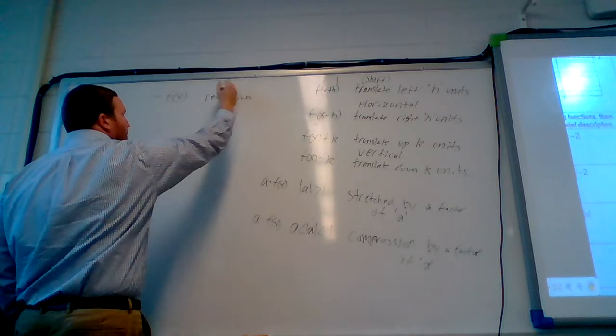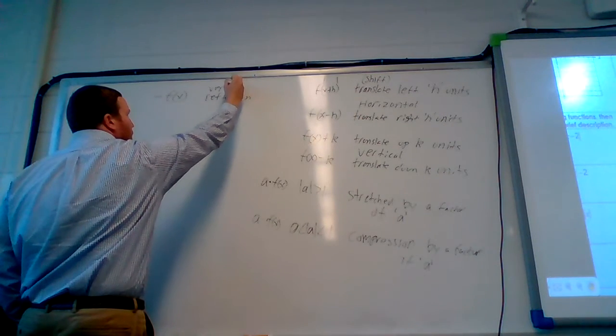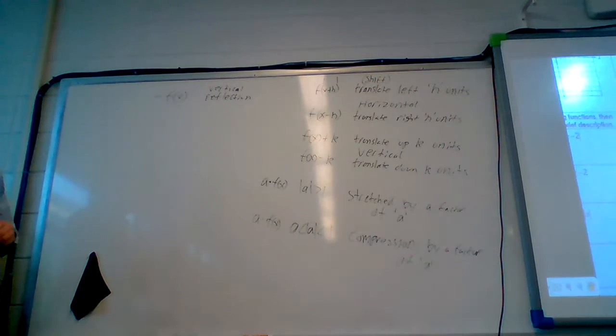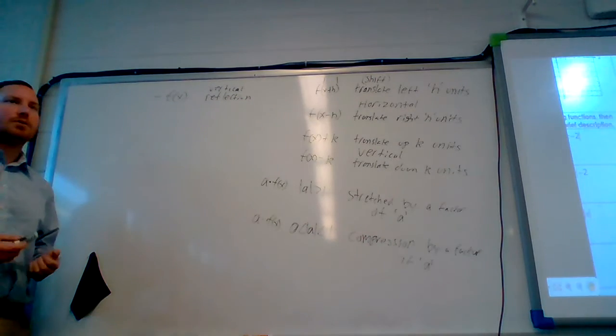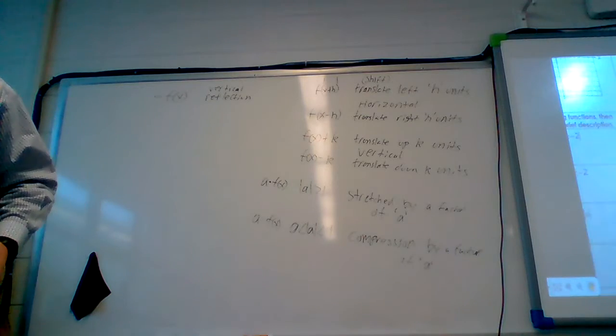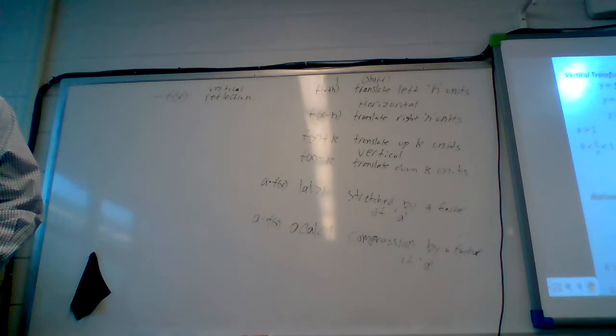And we're going to call this one a vertical reflection. So these are the main types that we're going to be dealing with whenever we're talking about our transformations. We do have a couple extra, and that's why I handed you that other sheet for our transformations of functions.